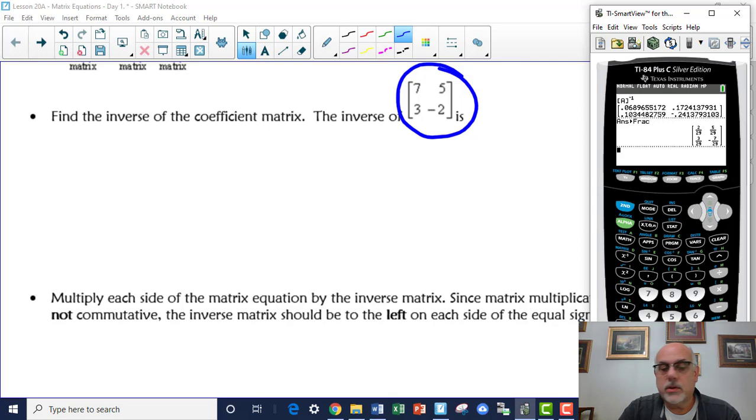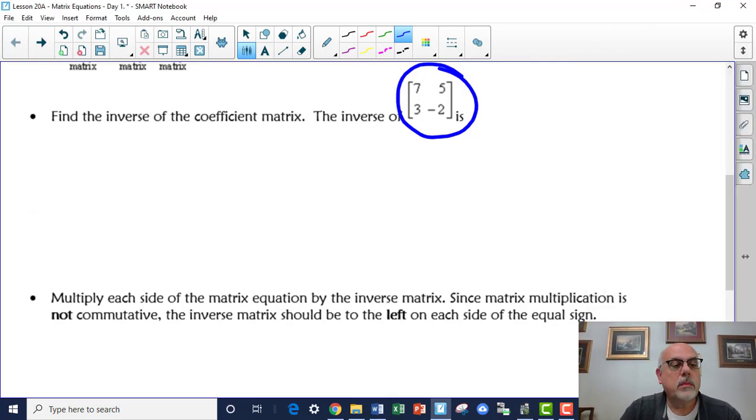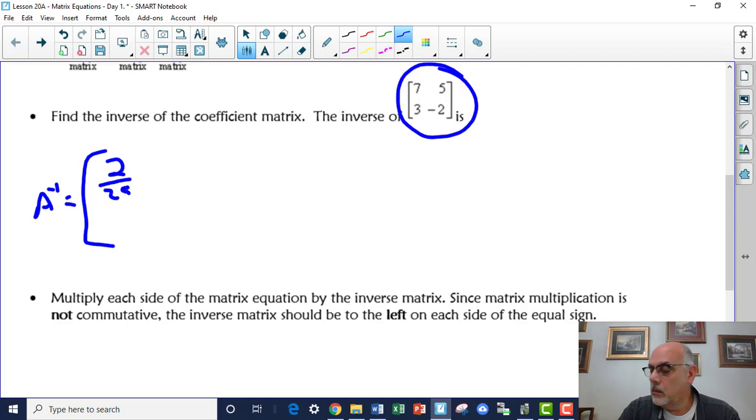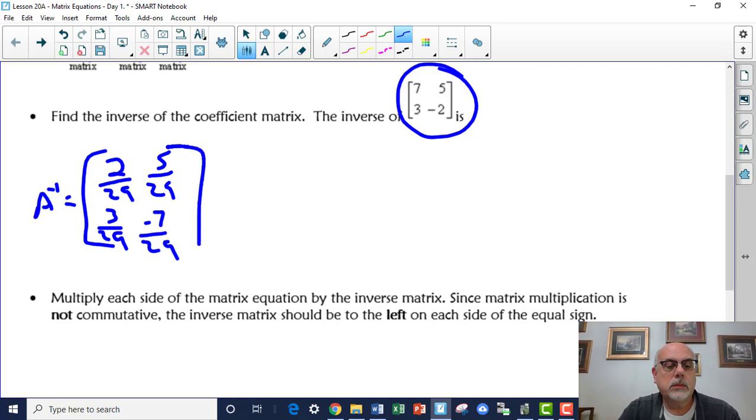Okay, so the inverse of A is 2 over 29, 5 over 29, 3 over 29, and -7 over 29. So we have that.